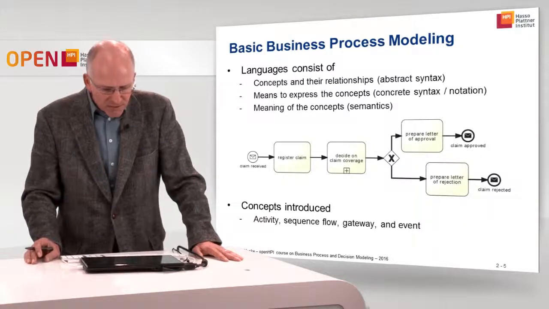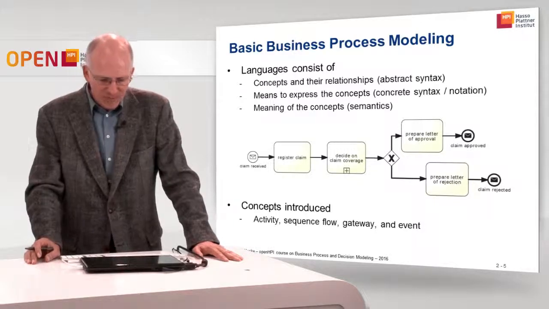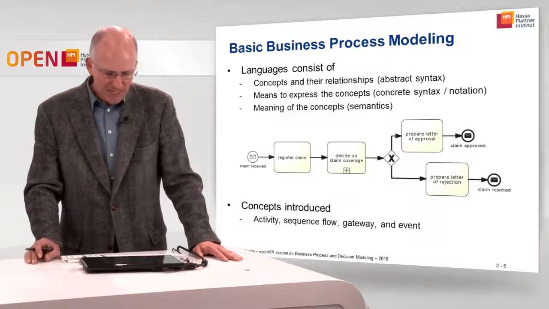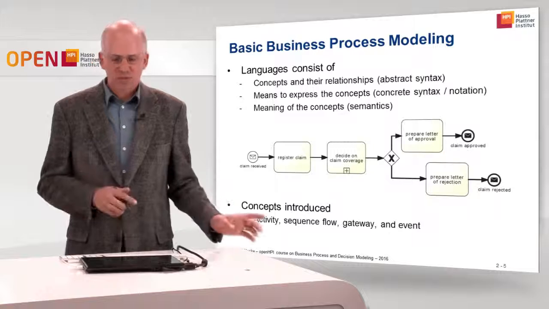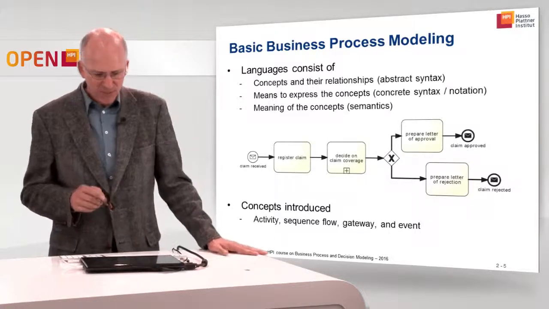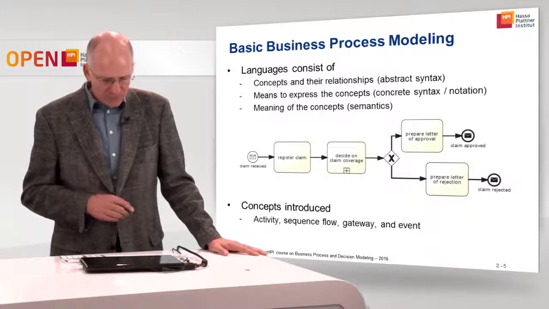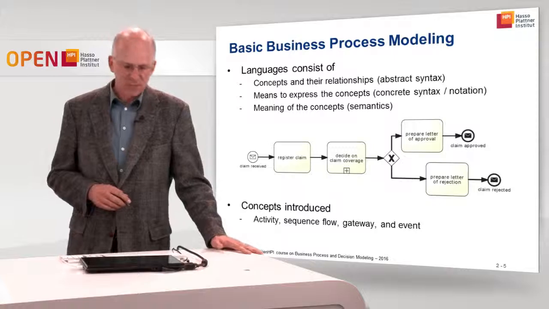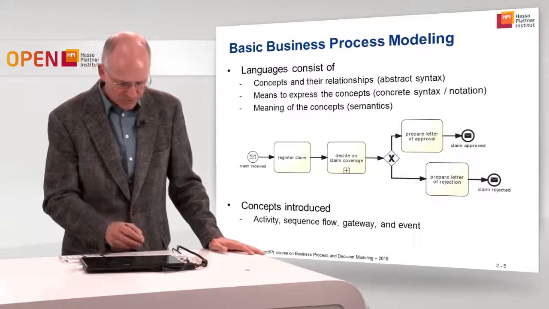I could spend almost a week to discuss all these things in a lot of detail, but in the context of this course, I'd like to informally introduce to you the concepts of abstract syntax, concrete syntax, or notation, and semantics. So the first thing is abstract syntax. So what are the concepts and the relationships that we find now in business process modeling languages?